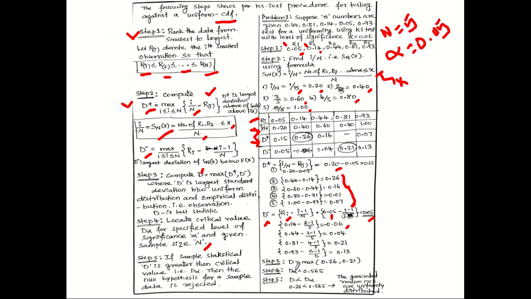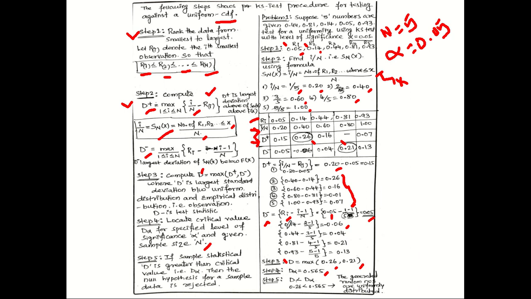So in the third step, we will identify the maximum of D plus and D minus. See here, we have highlighted 0.26 and 0.21. The maximum of these two values is 0.26, that is the test value, and we will obtain D alpha from the table.